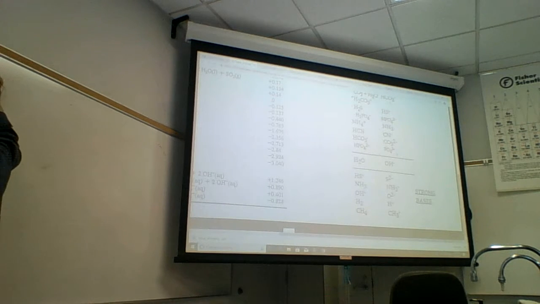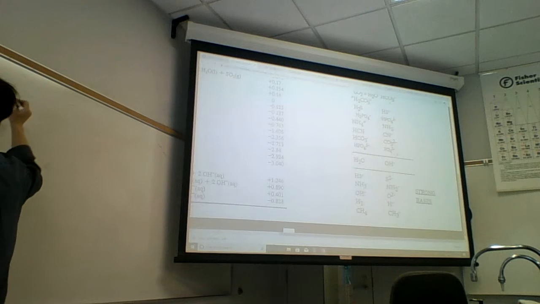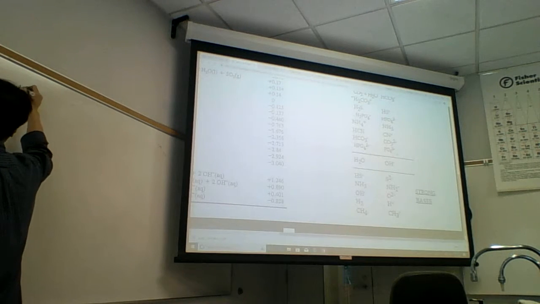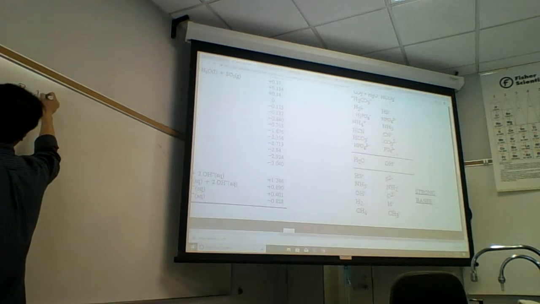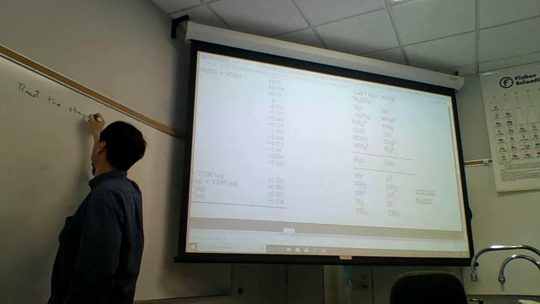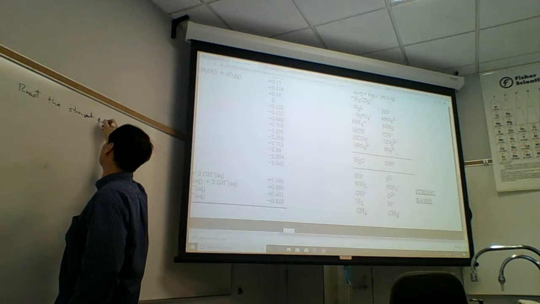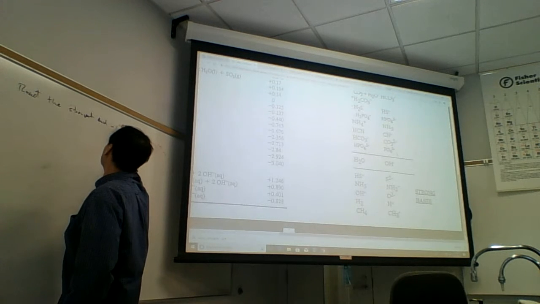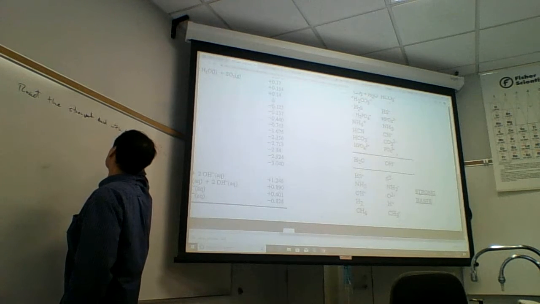Step 5. What we're going to do here is we're just going to react the strongest acid with the strongest base.